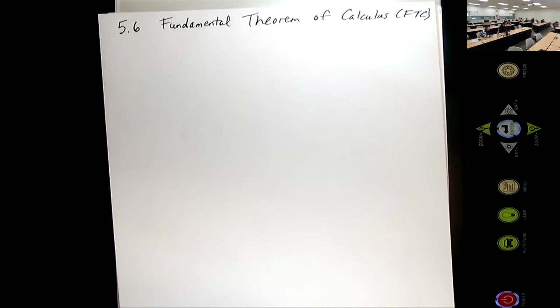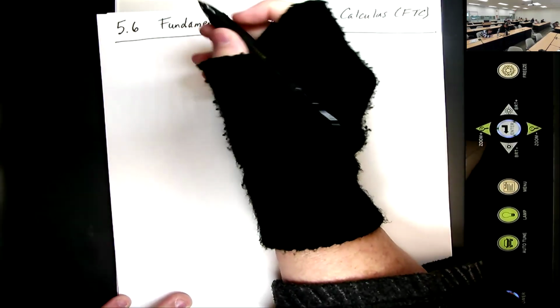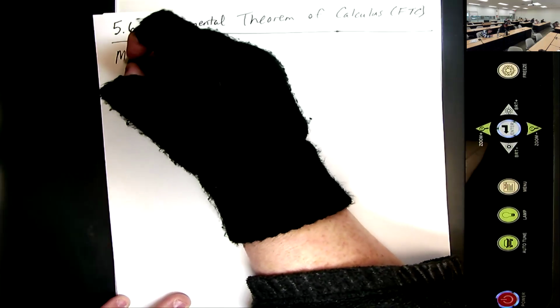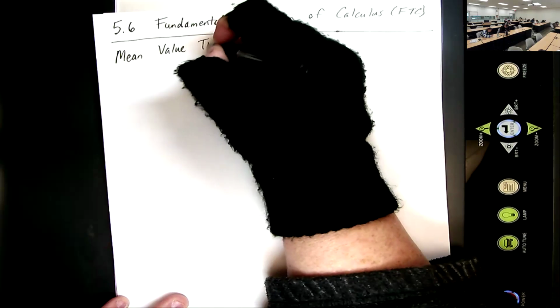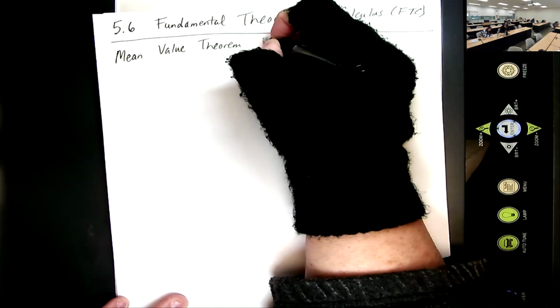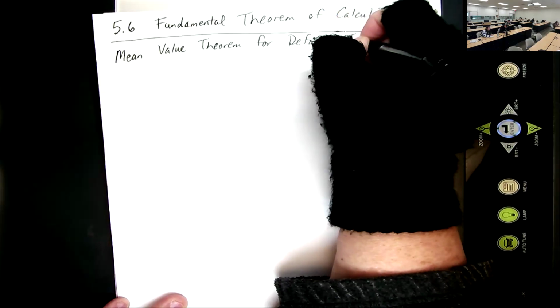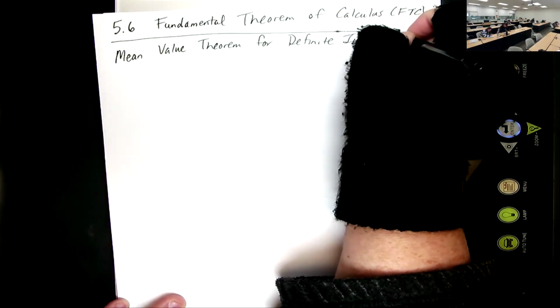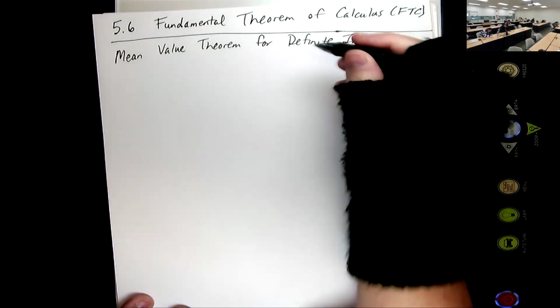To get there, we're going to use some stuff. There's two parts to it, but I'm going to start off with something called the mean value theorem for definite integrals. And we're going to start off with a picture.